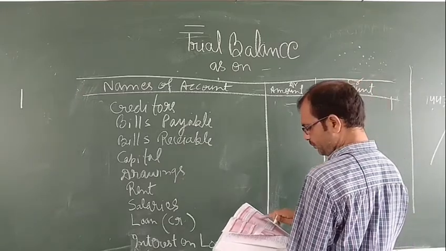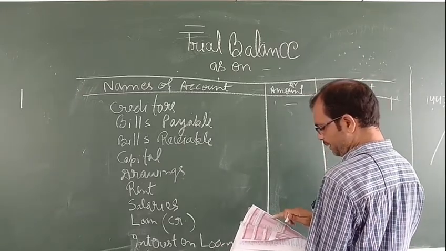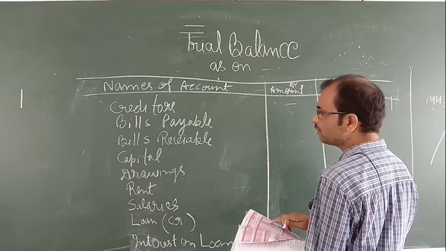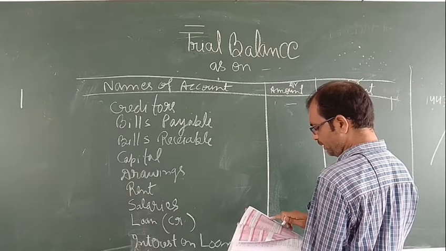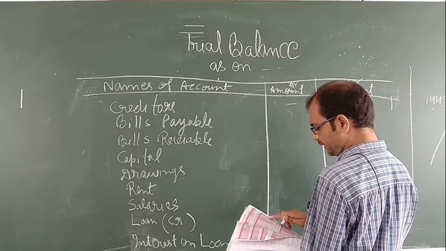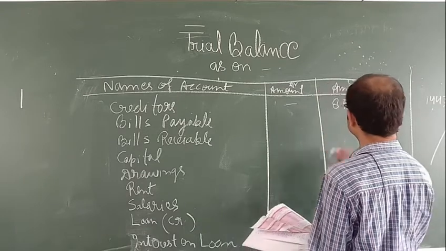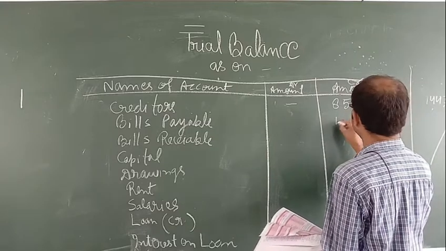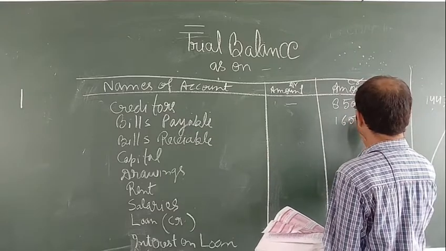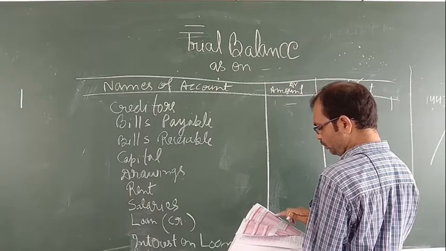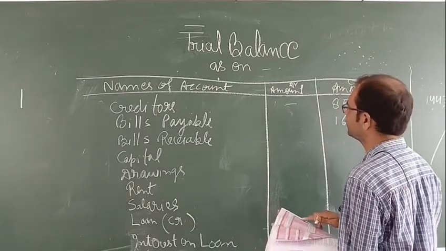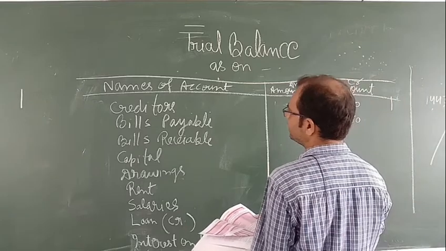Bills payable, the amount of bills payable is 1,650. It is also a liability. 1,650. Bills receivable 2,850. This is a current asset.